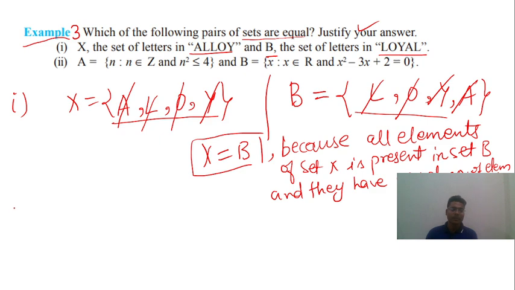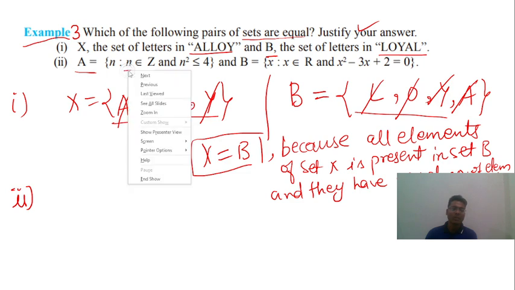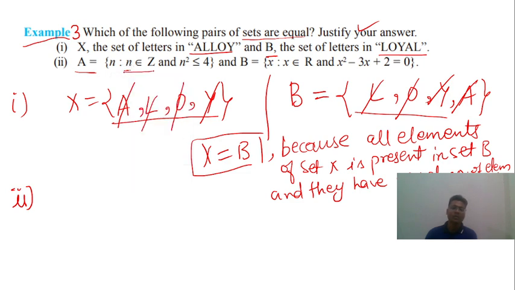Coming to our question number second of this, they are saying X is a set in which n belongs to Z, means n belongs to an integer. Okay, so we will solve this question. N square is less than 4, n square is less, n is less than what?